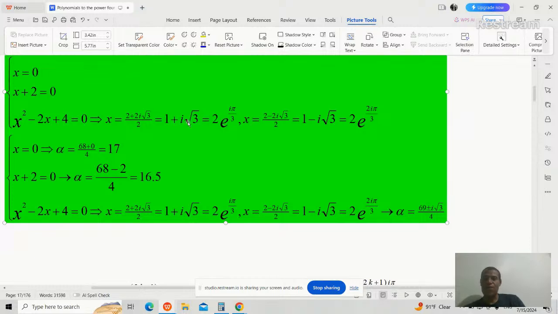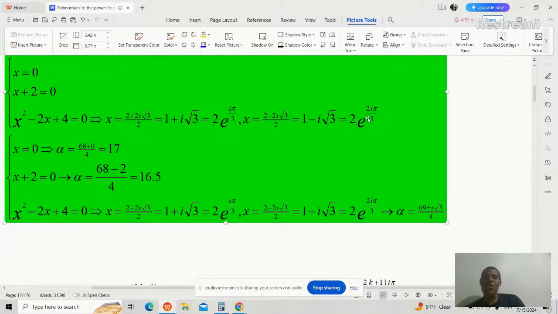The second one is x equal to 1 minus i root 3, which is equal to 2 exponential of minus i pi over 3. I leave my roots written in terms of root 3, no need to write root of 3 as 1 point something.